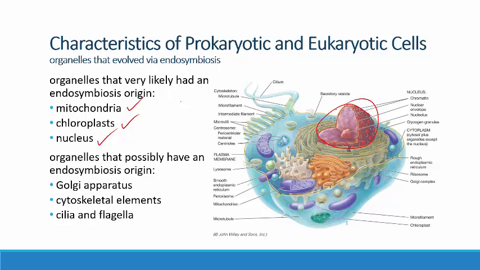There's possibility then that other organelles, the Golgi apparatus, the microtubules and microfilaments, and cilia and flagella, all also had an endosymbiotic origin.